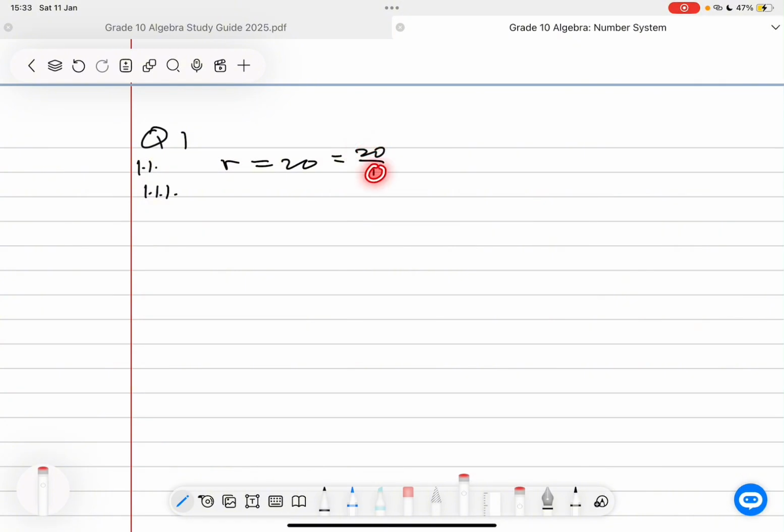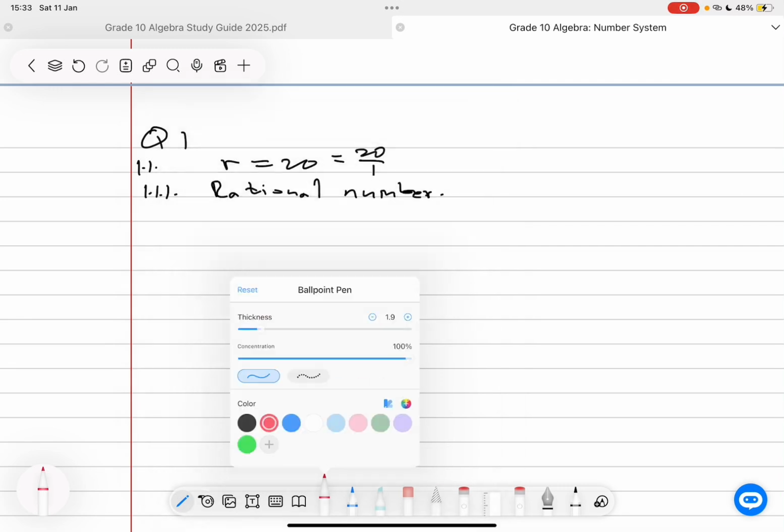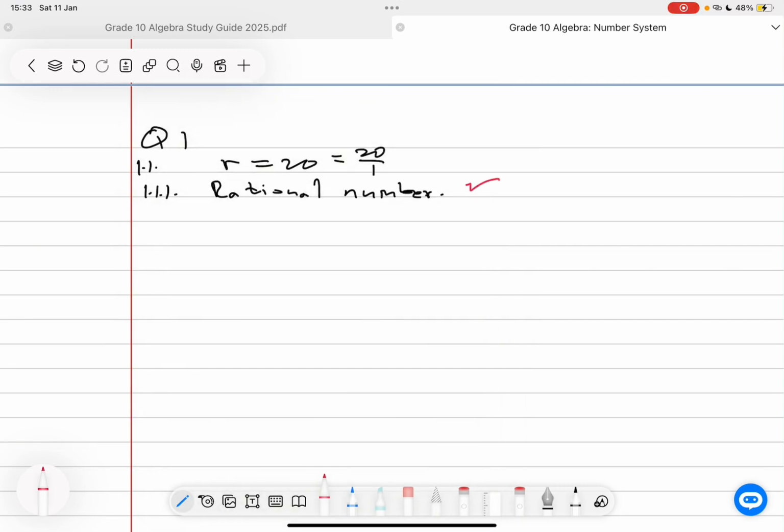And definitely the 1 there is not a 0, right? So without a doubt, this number has to be a rational number. And this will be marked 1 mark.